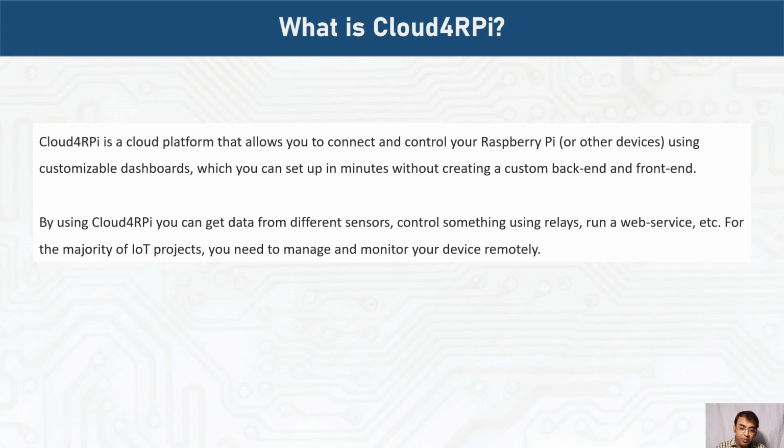By using Cloud4Rpi, you can get data from different sensors, control something using relays, run web services, etc. For the majority of IoT projects, you need to manage and monitor your device remotely. So that is why you can use Cloud4Rpi for your IoT project.